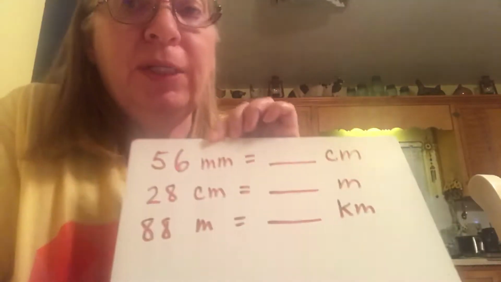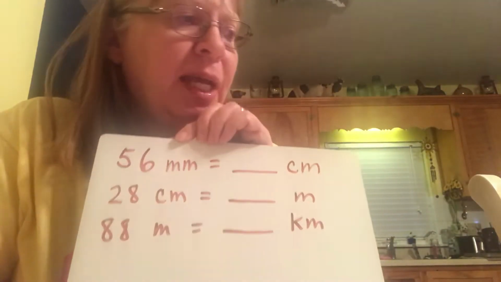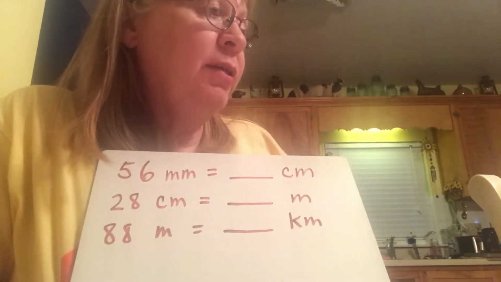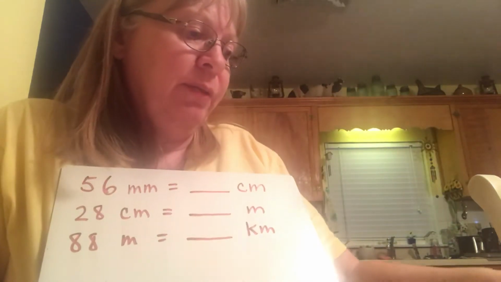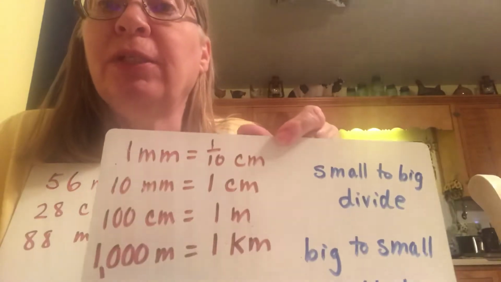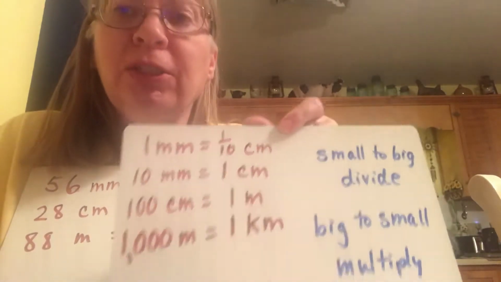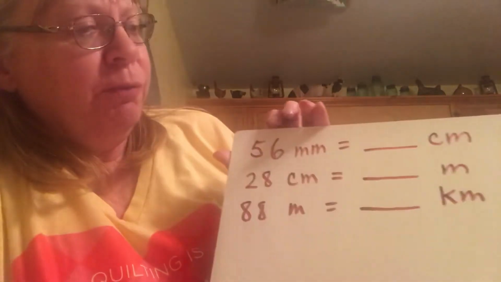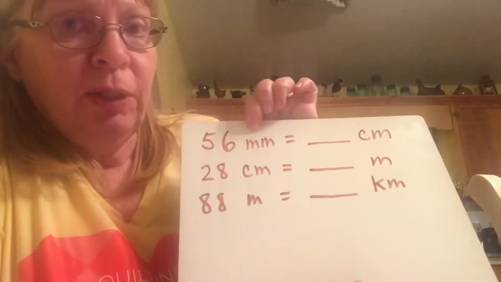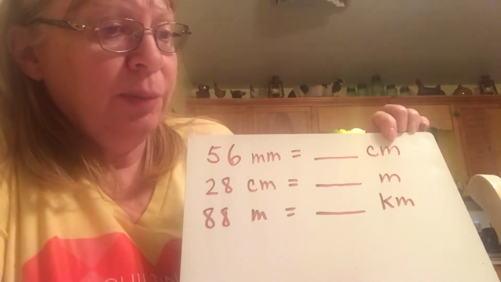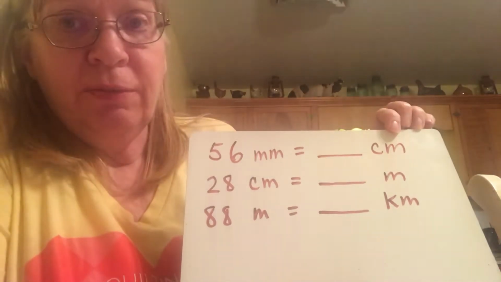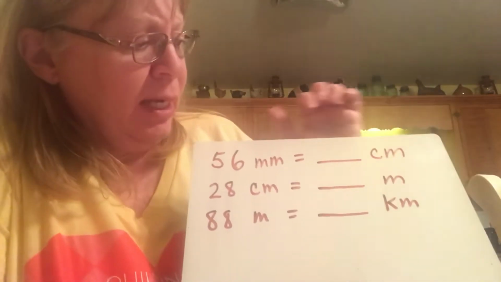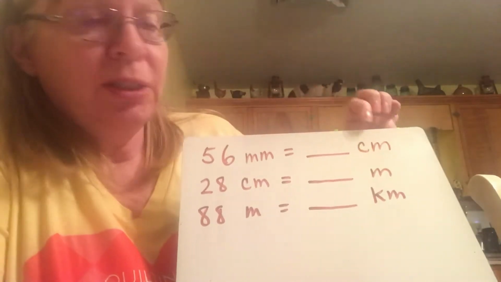56 millimeters. How many centimeters is that? Well, we saw it takes 10 millimeters to make 1 centimeter, right? So if we're going from a smaller unit, millimeters is smaller than centimeters, then we have to divide, right? And it takes 10 millimeters to make 1 centimeter.